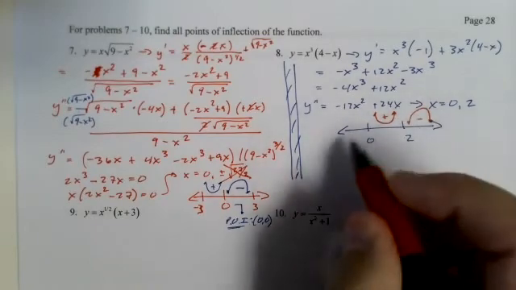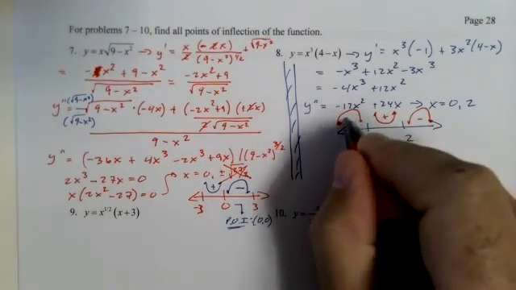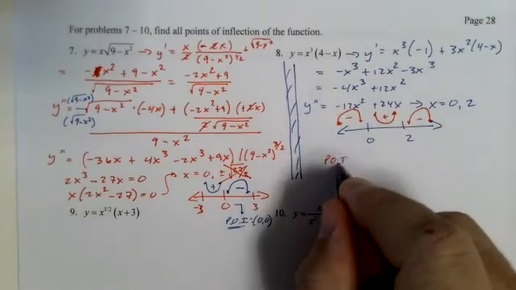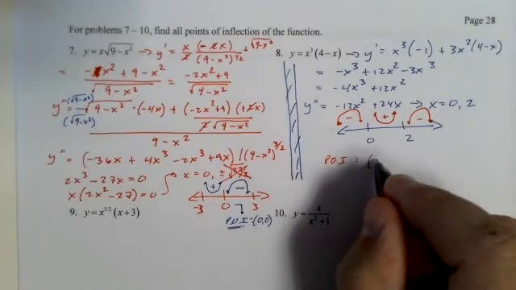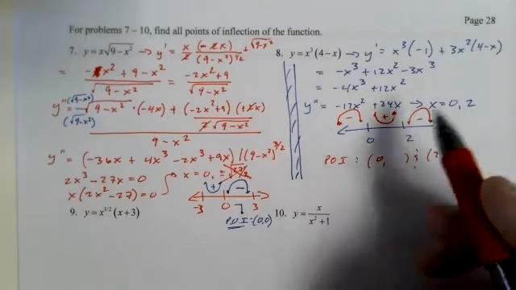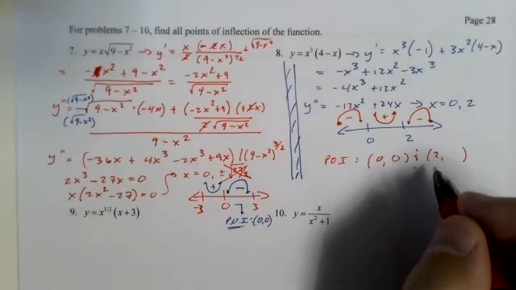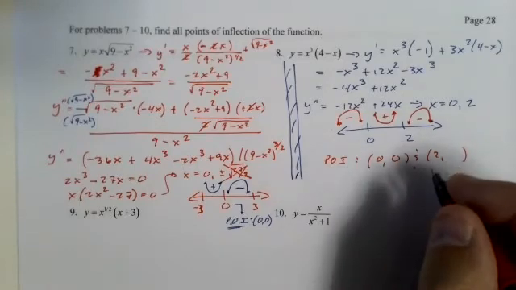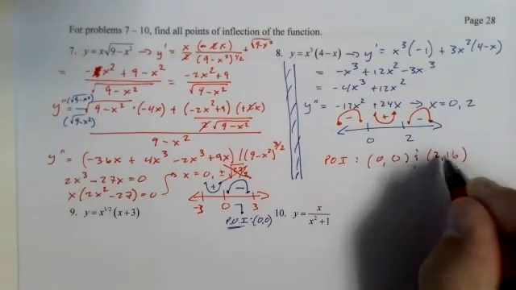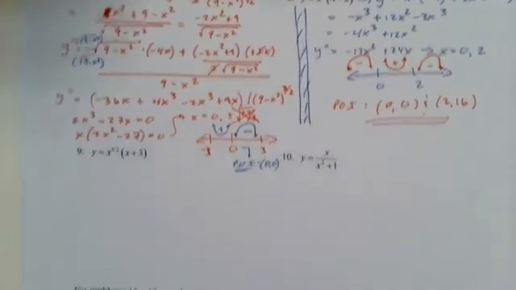Same thing over here, plug in a negative massive number. So POI, 0 comma 0 and 2 comma 16, unless I'm mistaken. By the way, I should have graphed both of these and seen what's going on when I was done. But I'll leave that one up to you.